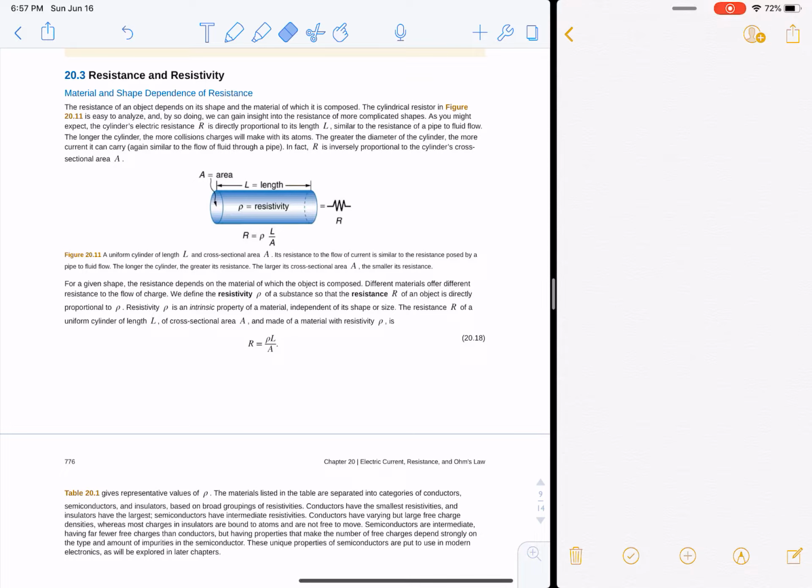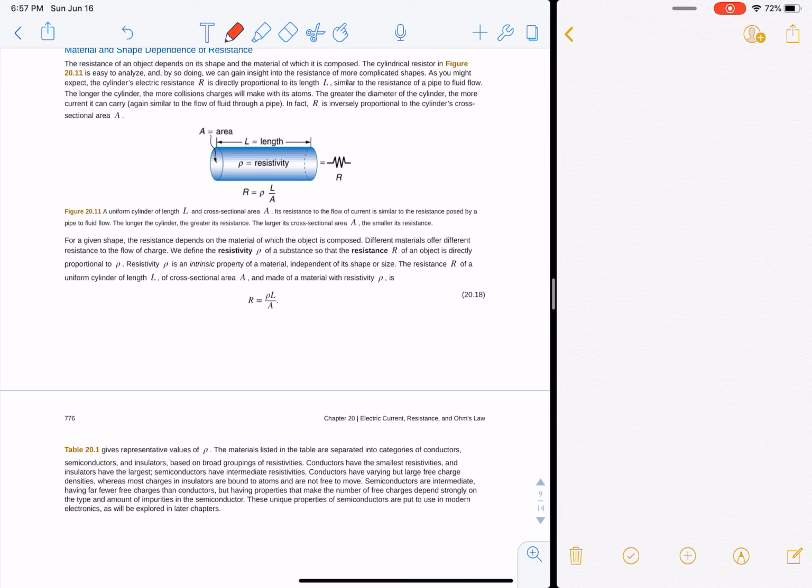Okay, so resistance and resistivity. If I have my battery and I go through a resistor, I draw a resistor with this spiky shape, but in real life it looks like a cylinder with a couple of colored barcodes on it that we'll talk about. This resistor is a cylinder.